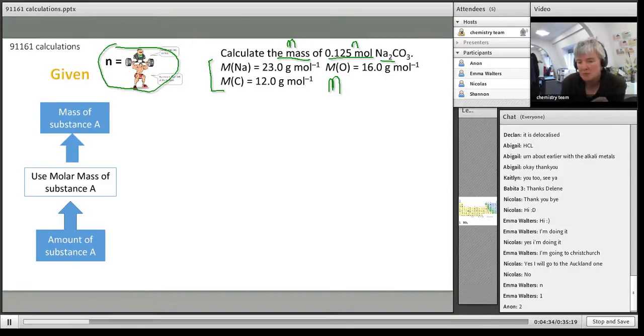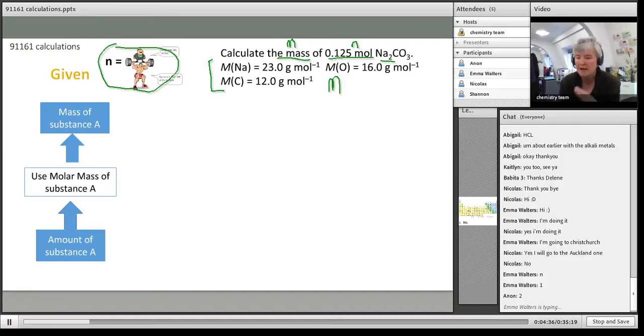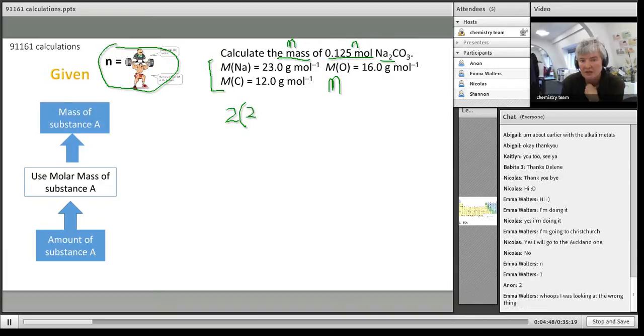The small number applies to the element immediately in front. So that 2 applies to the sodium. So I've got 2 sodiums, so it's 2 times 23. Okay, you should actually keep that all, but I'm just going to say here M.